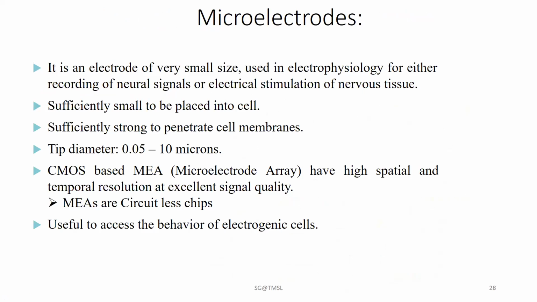Then coming to the microelectrode, these have tips small enough to penetrate a single cell, and as such readings from within a single cell can be obtained. Two types of microelectrodes are available: the metal electrode and the micropipette electrode.